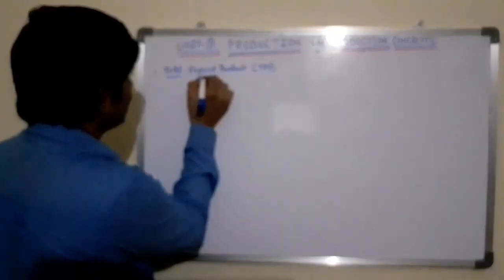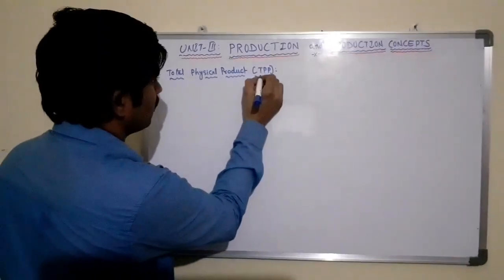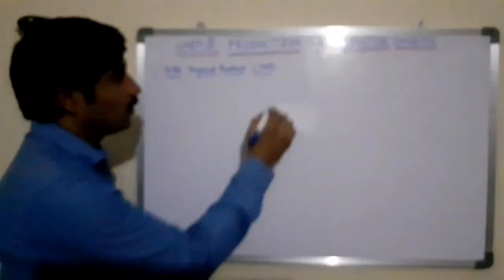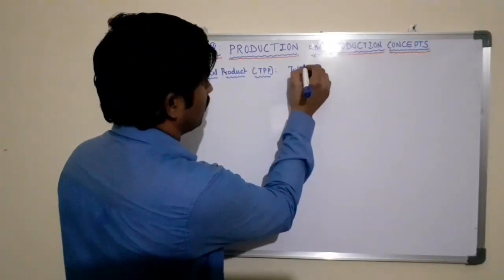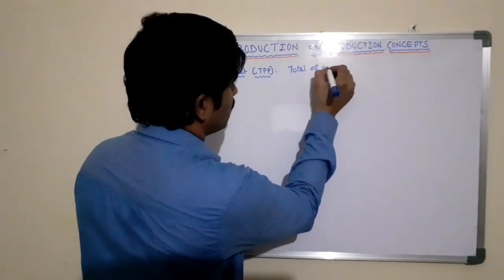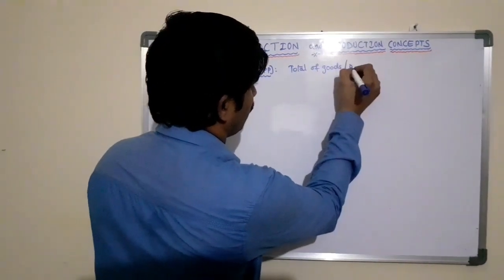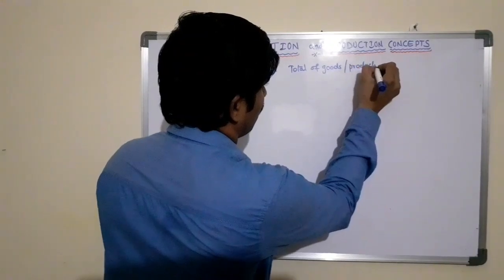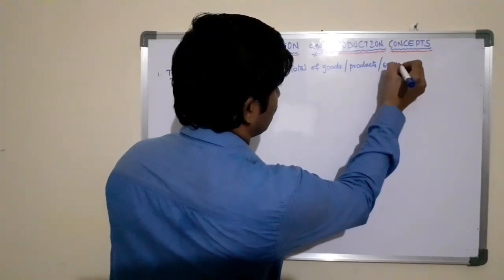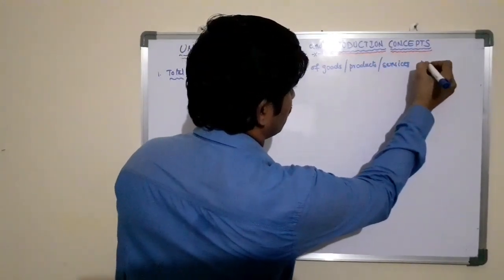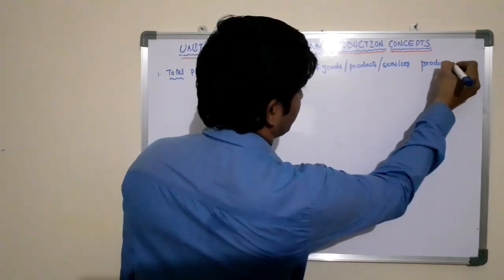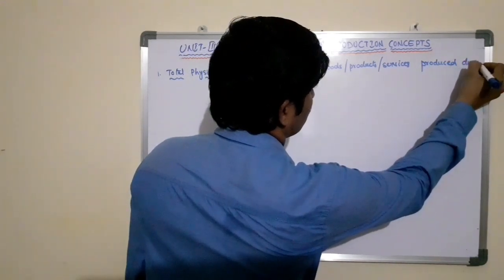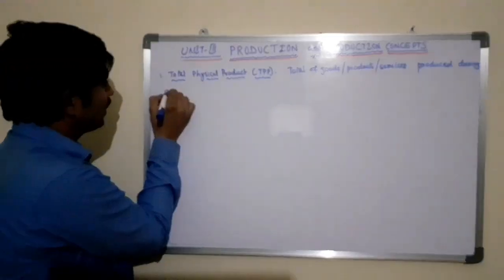Total physical product means the total of goods, products or services produced during a particular period.